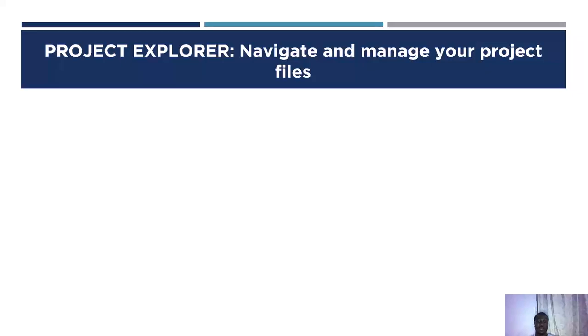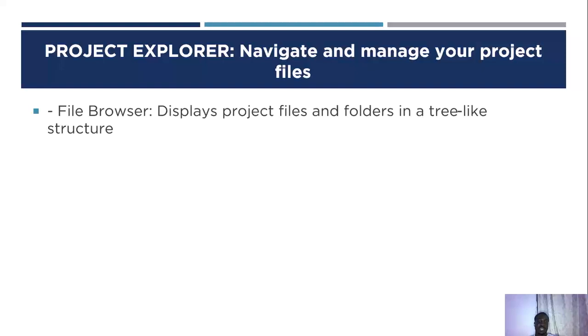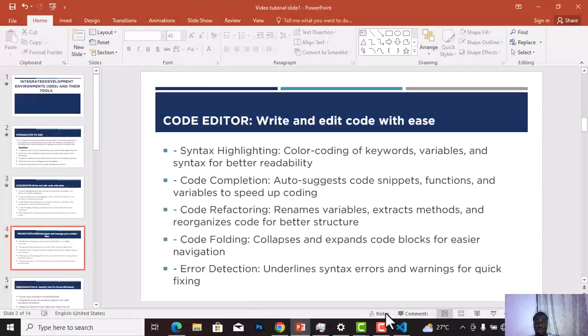Under the Project Explorer, we have file browsing. File browsing displays project files and folders in a tree-like structure. So I can show you something small on that. My code is here.